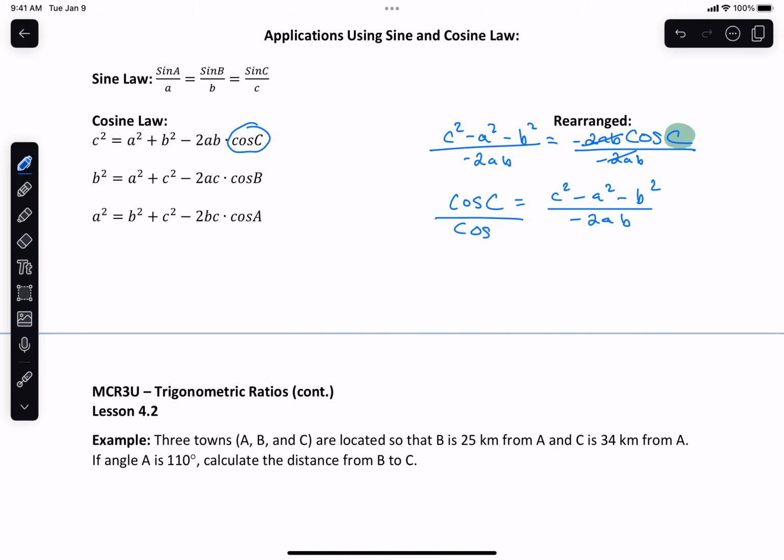And then I could subsequently bring cosine up by making its exponent negative, which is where that cos inverse has come from. So the actual answer here, we can solve for angle C using cos inverse of C squared minus A squared minus B squared, all divided by negative 2AB. Is that okay?